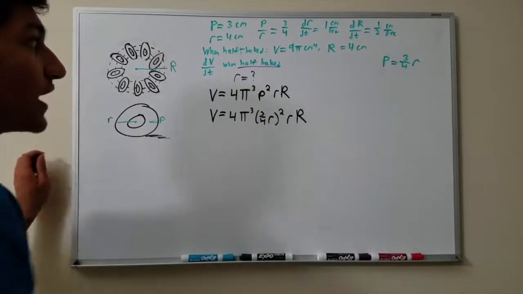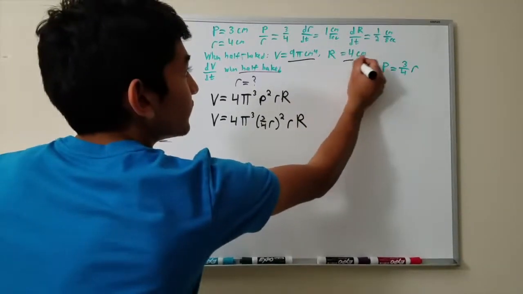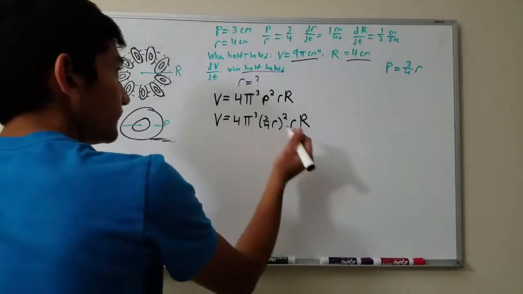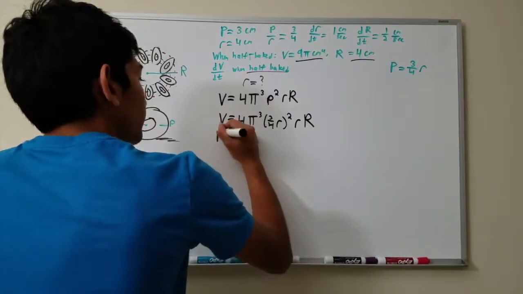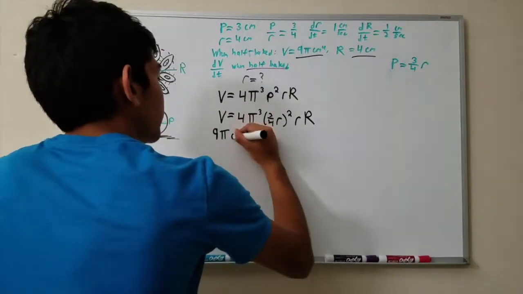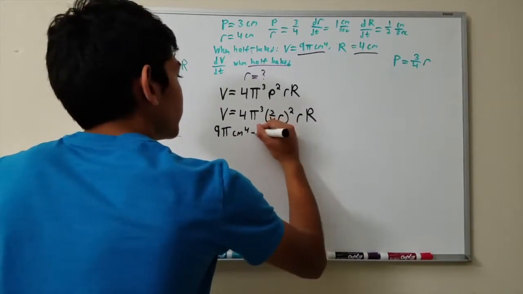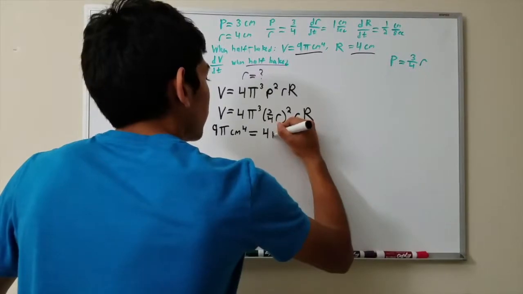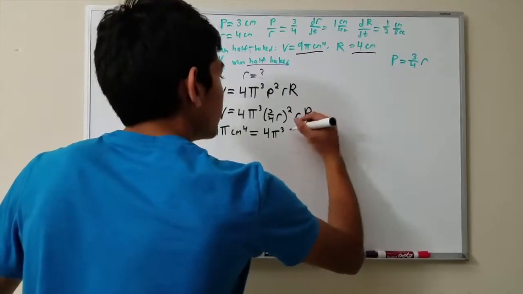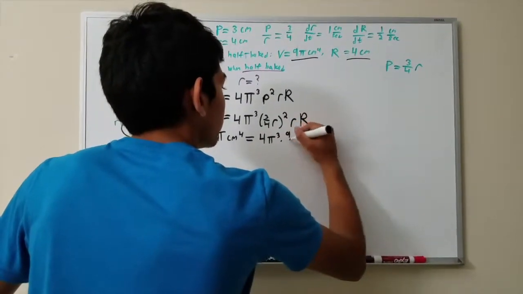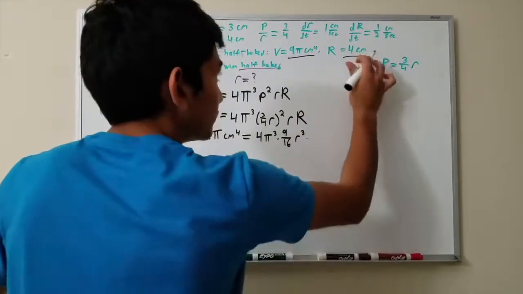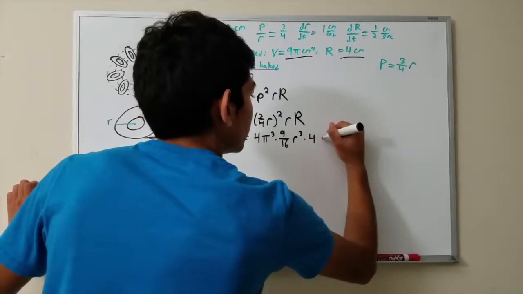So in order to do that, we substitute in these values for v and major R, or big R. So we get that 9 pi centimeters to the fourth is equal to 4 pi cubed times 9 over 16 r cubed times 4 centimeters.